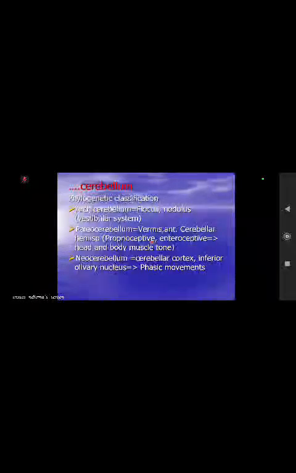This paleocerebellum also regulates muscle tone. Then you have the neocerebellum, which is the cerebellar cortex, the new part. And this receives from the inferior olivary nucleus, that is very important in basic movement, that movement where you have fine-tuning of the movement.